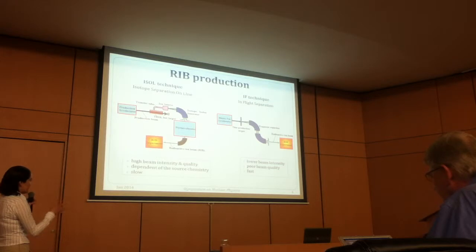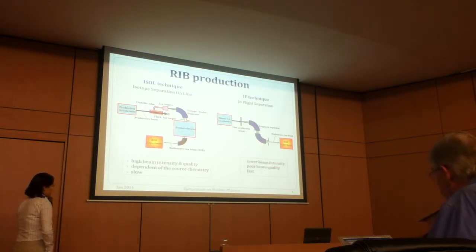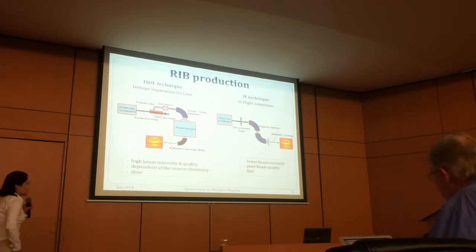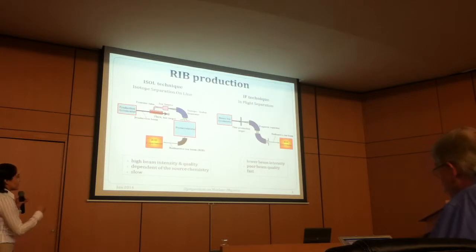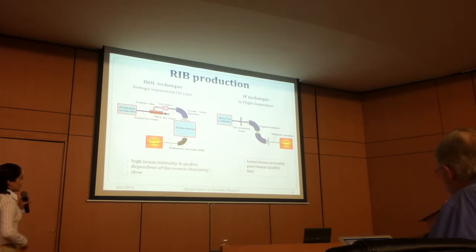And the radioactive species are produced at rest, and then you ionize these radioactive species and post-accelerate them to be delivered to the experimental station. Each of these techniques has different advantages and disadvantages, and actually the current tendency of future radioactive facilities is trying to make a hybrid combination of these two techniques.